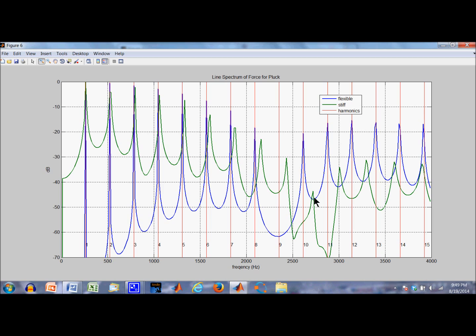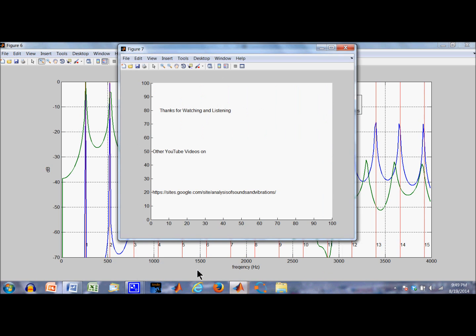The 10th partial is diminished quite a bit. It's down almost 45 dB. And then it starts to pick up. But at these higher harmonics out here, the stiff is not anywhere as strongly represented because it's not turning those sharp corners.